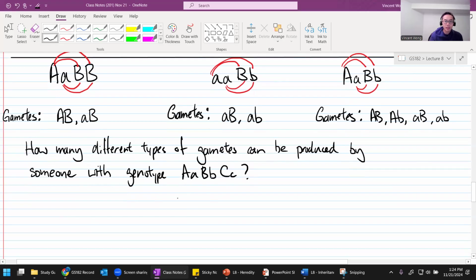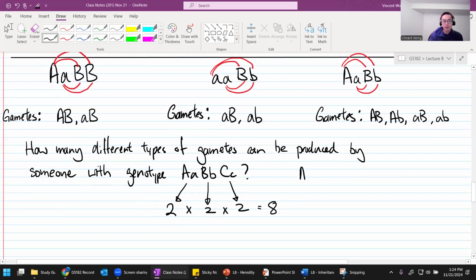Over here, two choices, either big A or small a, two choices for B as well, and two choices for C. And I taught you this before. If you have multiple choices for each thing, and you want to figure out how many combinations you can create, what operation do I do here? It's multiplication, right? So 2 times 2 times 2 is 8.